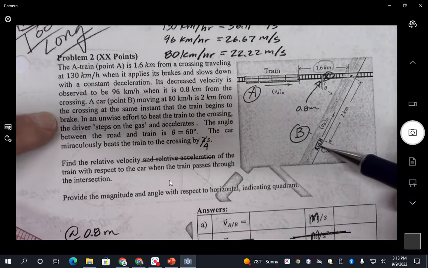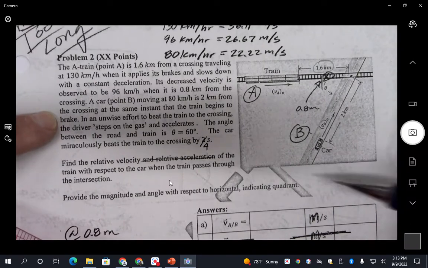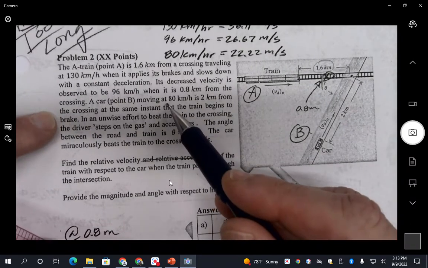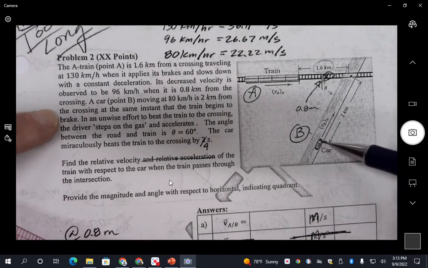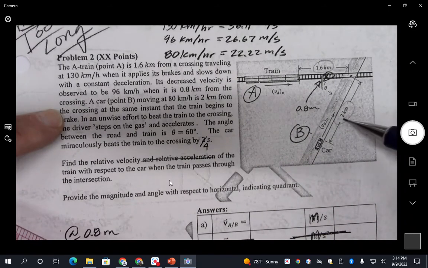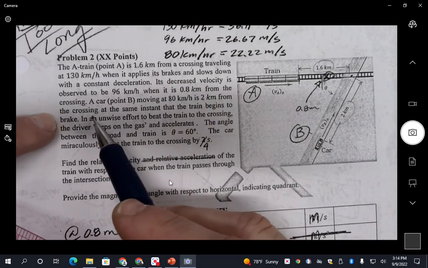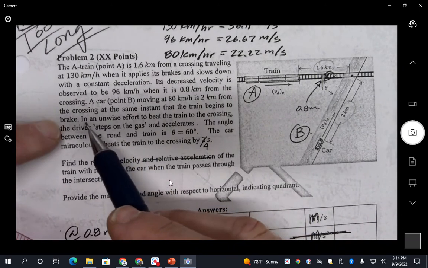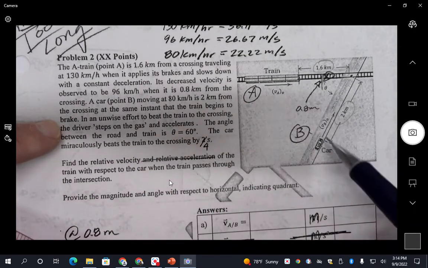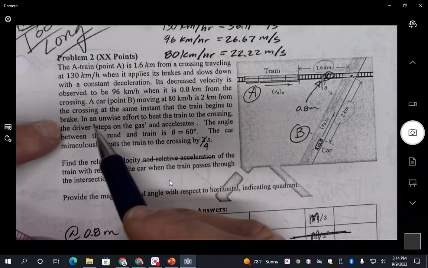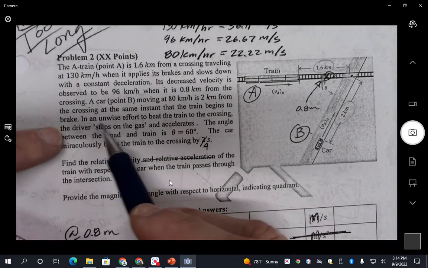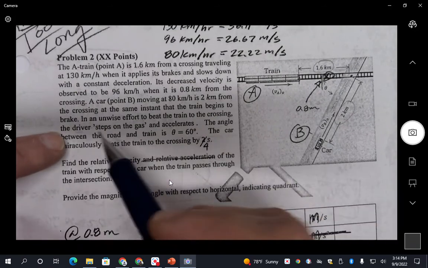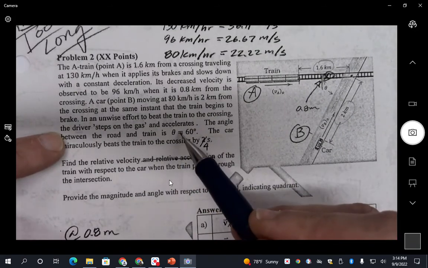A car, this guy right here, this numbskull, he decides he's going to beat the train. So he's going 80 kilometers per hour, and he's 2 kilometers away when he sees that train, right? When he sees it right here where it is. It's kind of overly wordy, but that's okay. In an unwise effort to beat the train to the crossing, he steps on the gas and accelerates.